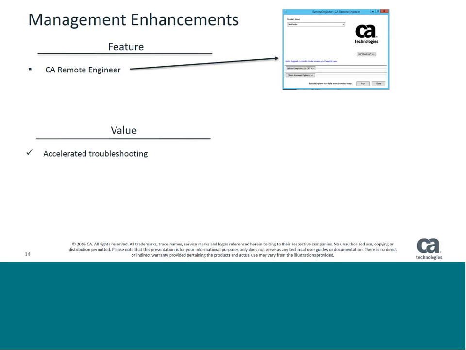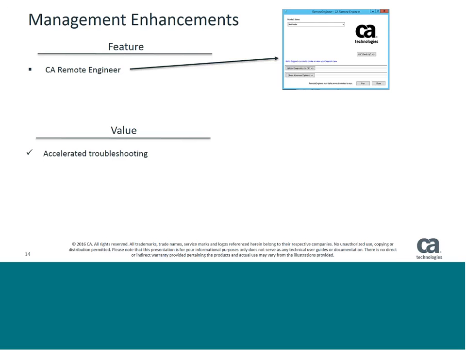Remote Engineer is built around being able to collect additional information about an environment where CA SSO is running, and then package it up and provide a secure FTP connection back to CA support so that CA support can have an aggregate set of data for troubleshooting and accelerating troubleshooting.